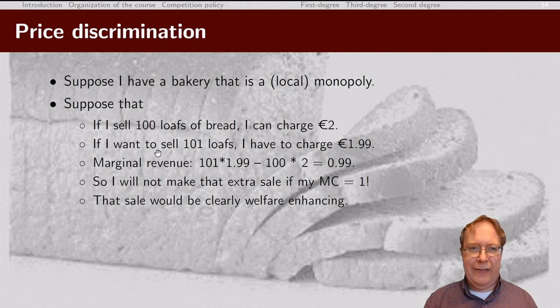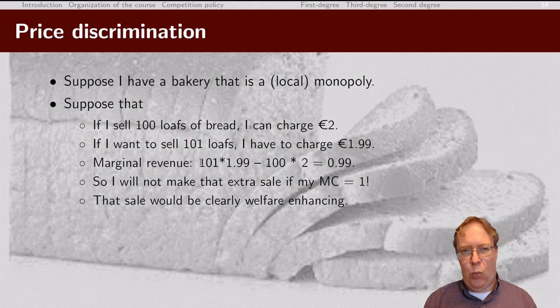But of course, if I want to sell more, if I want to sell 101 loaves of bread, for example, I have to charge 1.99 to make sure that people really want to buy 101 rather than 100 loaves of bread.